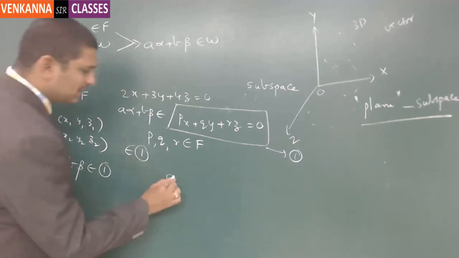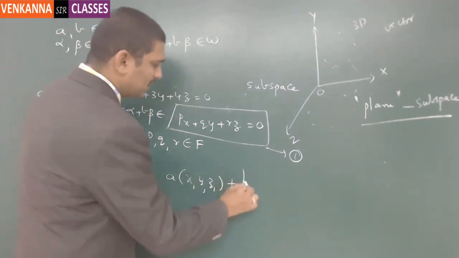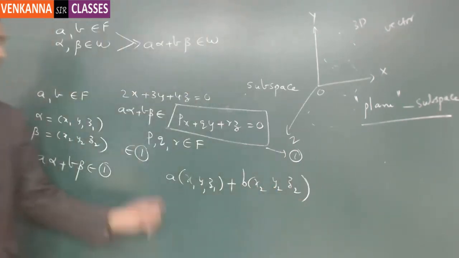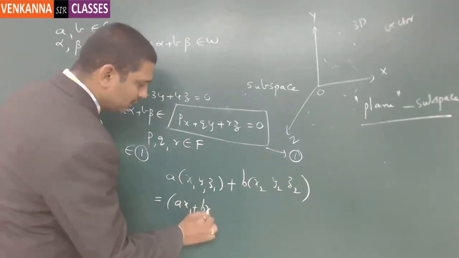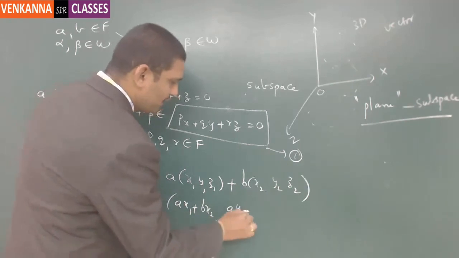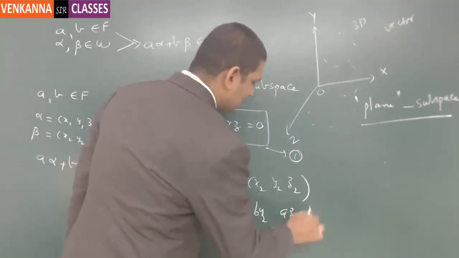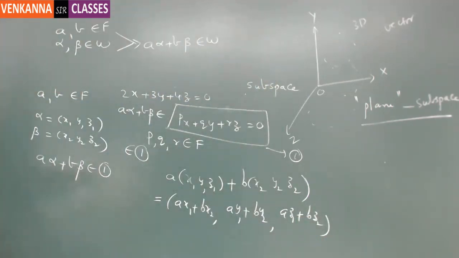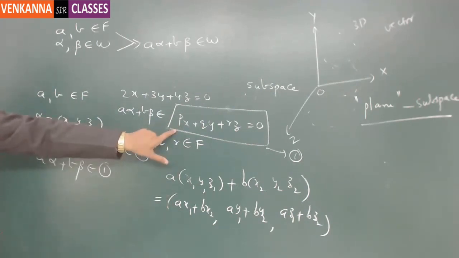So it is nothing but A into x1, y1, z1 plus B into x2, y2, z2. A alpha plus B beta means this. So if you add them, it is nothing but ax1 plus bx2, ay1 plus by2, az1 plus bz2. This is a point. I have to show that this point satisfies the plane equation.